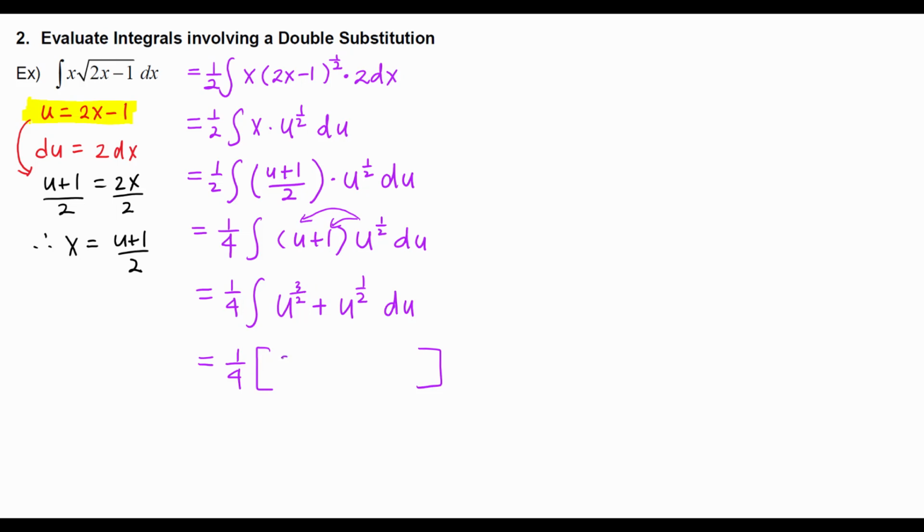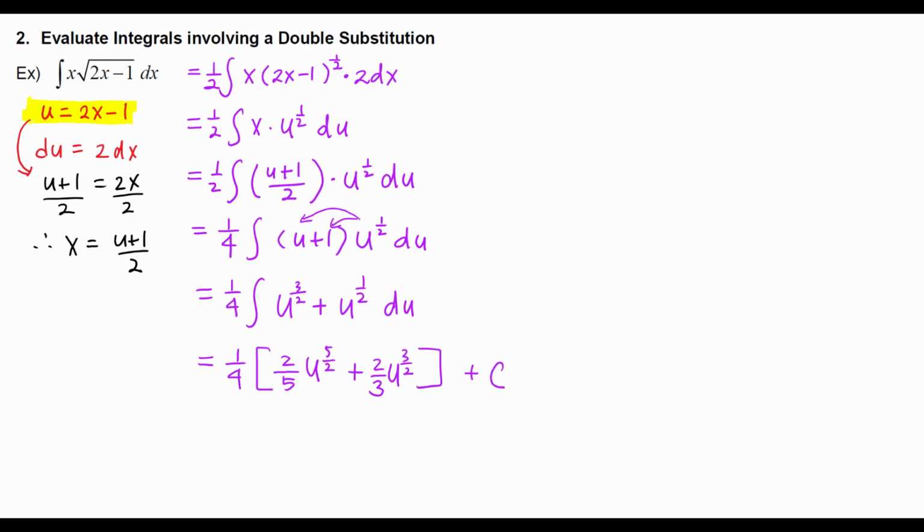So reciprocal is 2/5 u to the 5 over 2 power plus, when I integrate u to the 1/2 power, I need to add 1 power, which makes the power now 3 over 2. Reciprocal is 2/3 u to the 3 over 2 power plus c.